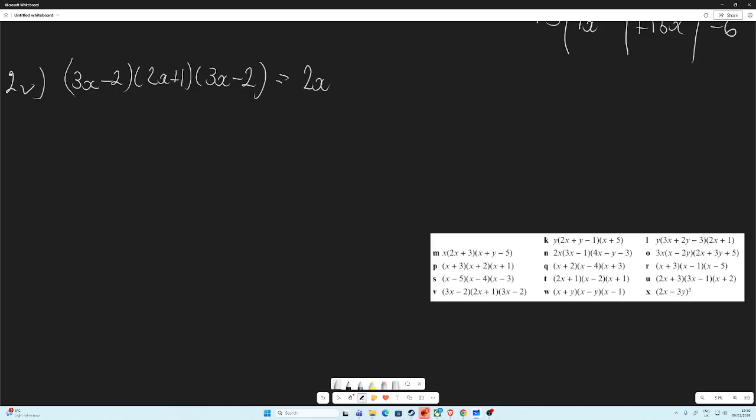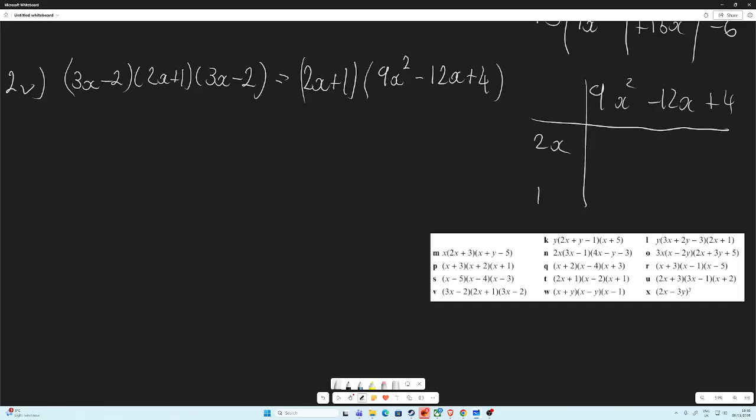I'm going to do 2x plus 1. It doesn't matter which way I multiply. And I'm going to have 3x minus 2 squared, which is 9x squared minus 12x plus 4. Again, we have 9x squared minus 12x plus 4.